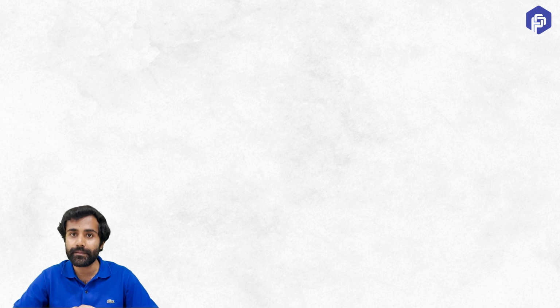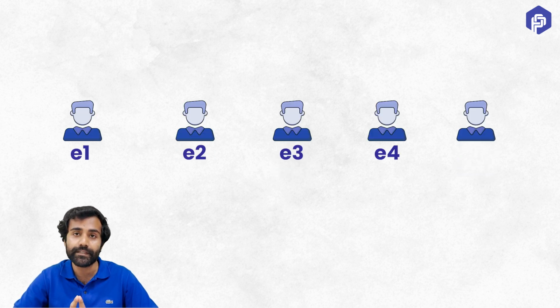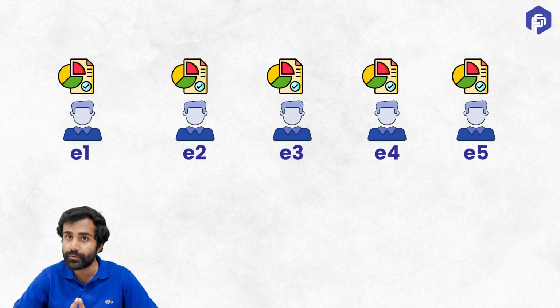The third important benefit of concurrency is that with concurrency, you can really build fault-tolerant and resilient software. What I mean by that is, let's say you are building some employee management portal, and now you have a list of employees, and for each employee, you want to somehow prepare their performance report by program and then send it to them.